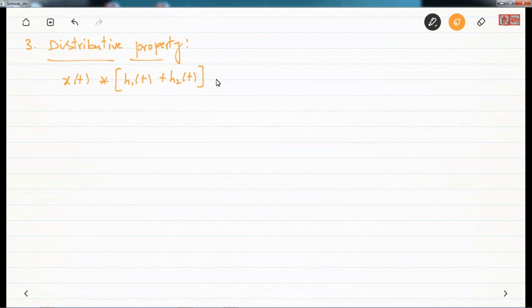The distributive property says that the convolution operator is distributive over addition. This is equal to x of t convolved with h1 of t plus x of t convolved with h2 of t. Okay, so this is a simple distributive property, and then let us see its application.